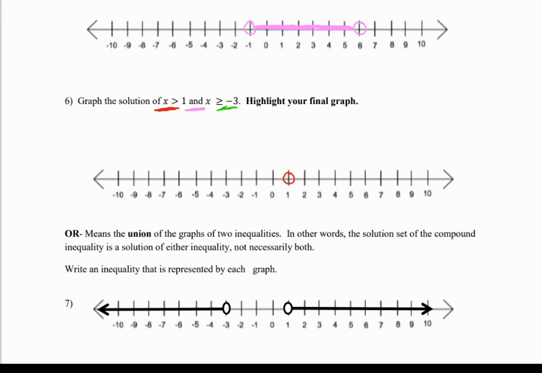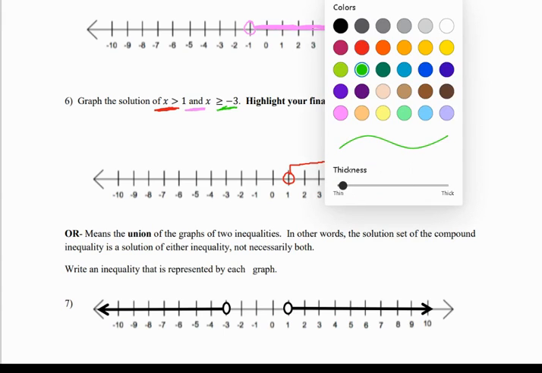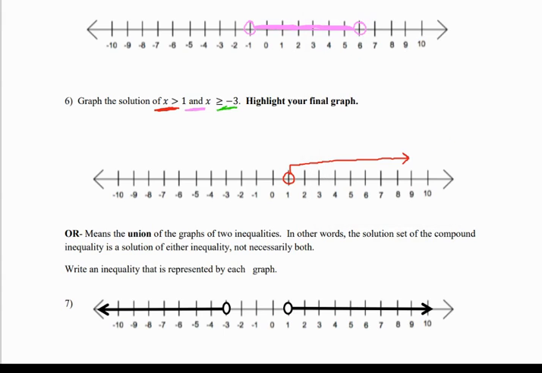To the right. Okay, so there's my first piece. This is not my final answer. These are just piece by piece right now. We got to pay attention and do work. Otherwise, we're not going to know what's going on. Now we do green. Green is saying less than or equal to -3. So I'm going to have a closed circle on -3. And what is that saying to do? Go to the right or to the left?